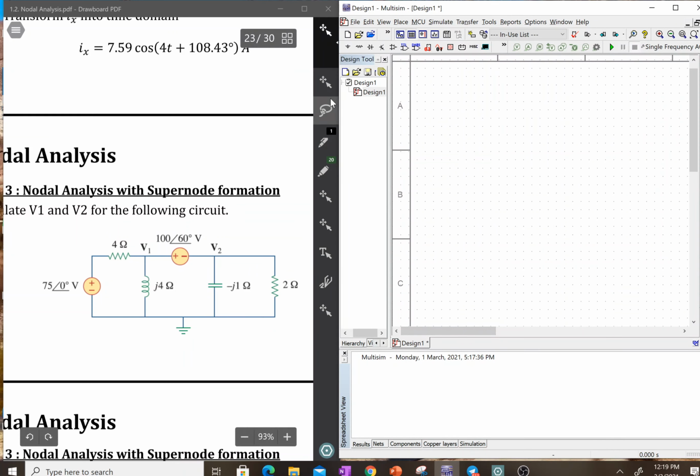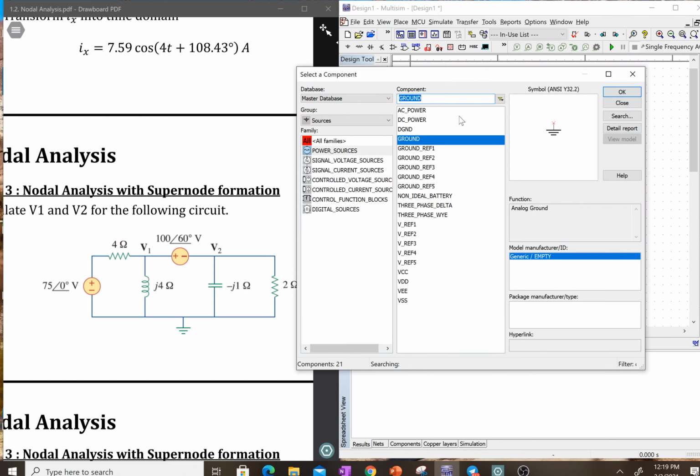Okay, so to get the component, you need to go to, maybe you can choose any component here. So first I would like to add on an AC source. Okay, so go to place source here. And then make sure that you are in the correct group, which is group source.